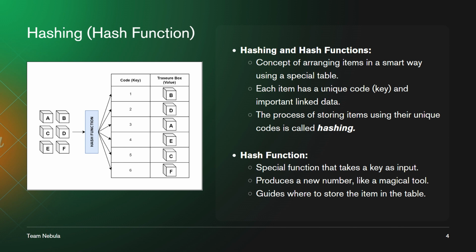Now, let's say we have a key, which is like the code for a certain thing, and we have a special function called a hash function. Think of this hash function like a magical tool that takes the key as input and produces a new number. This new number tells us exactly where in the table to store our item.